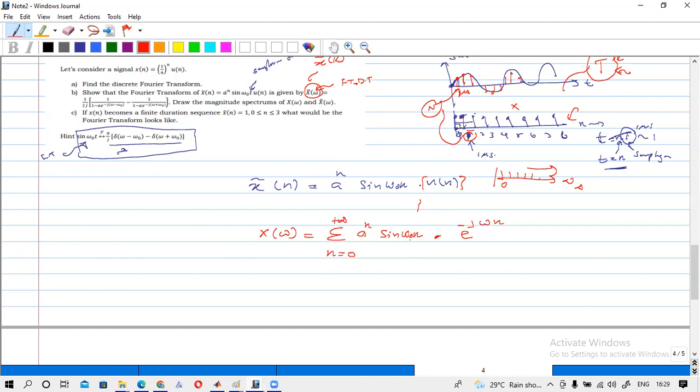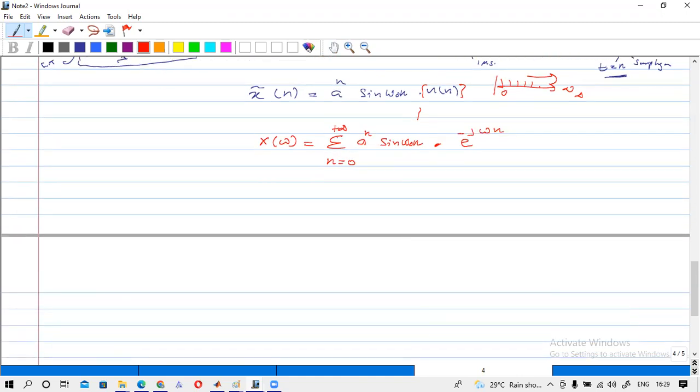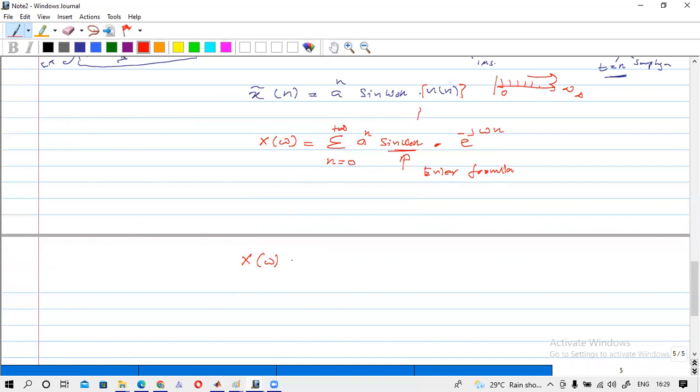We will try. I think it is better to write this in terms of e terms using the Euler formula. So I am applying the Euler formula here. Equal to sigma plus infinity a n sine.